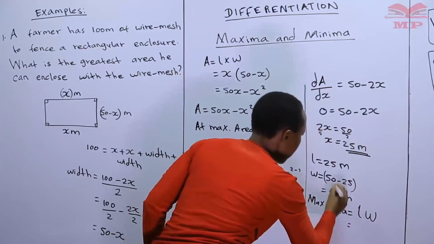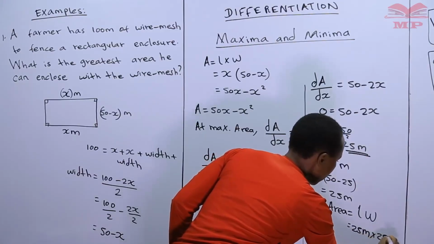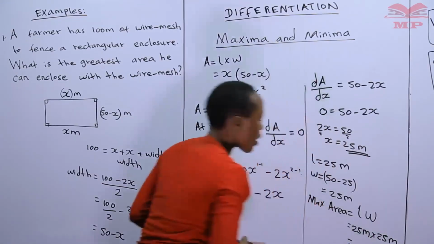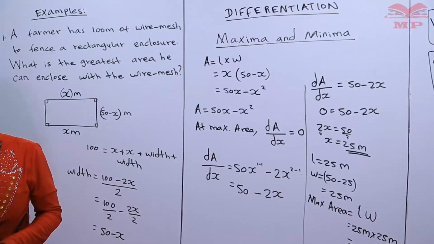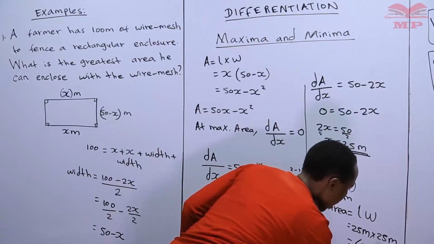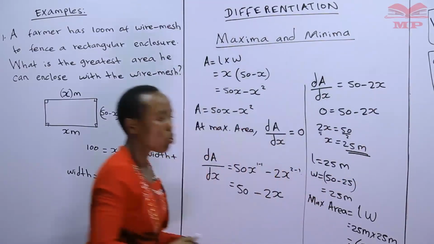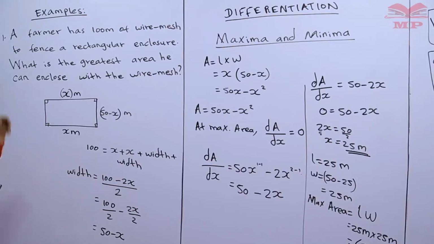Our length here is 25 meters. The width is again 25 meters, which will give us 25 times 25, that is equal to 625 square meters. So that gives us the maximum area.